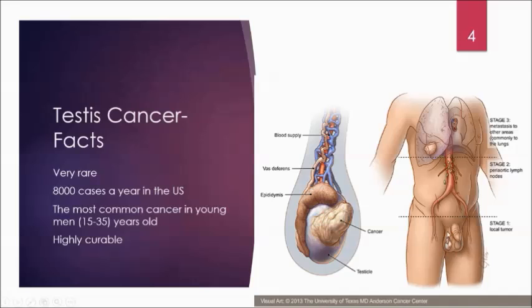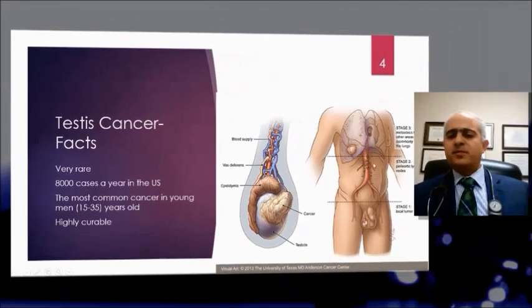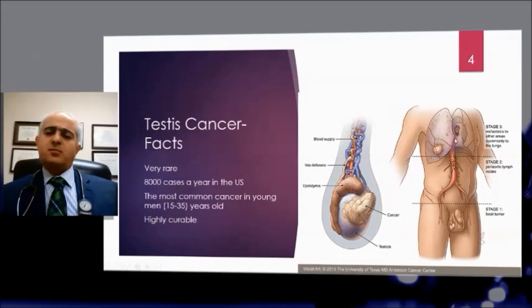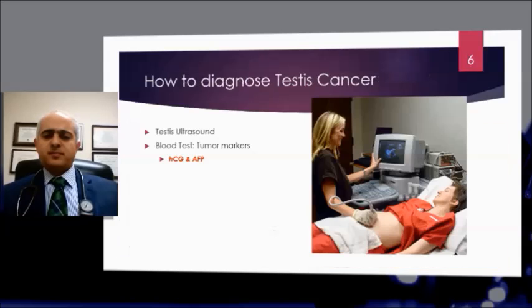If this cancer has escaped the testicle to go up to the lymph nodes in the belly, we call it stage 2. If it goes all the way up above the diaphragm to the lung or to the liver, we call this stage 3. So there is no stage 4 in testis cancer. It is only stage 1, 2, and 3.